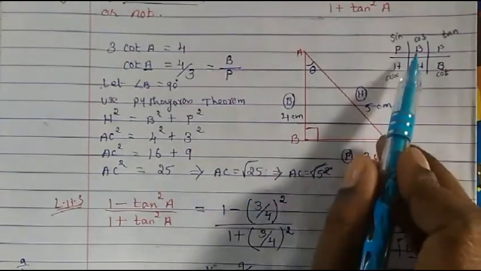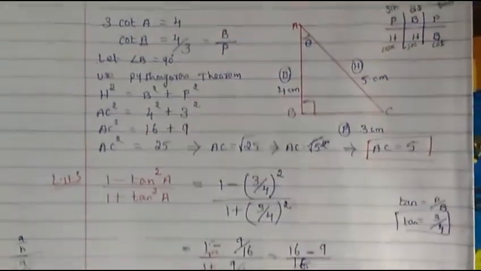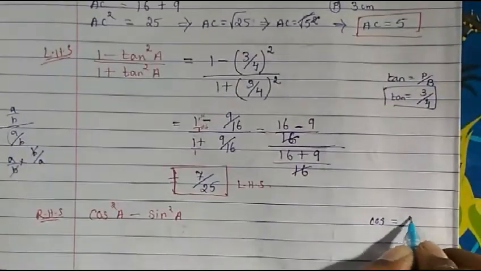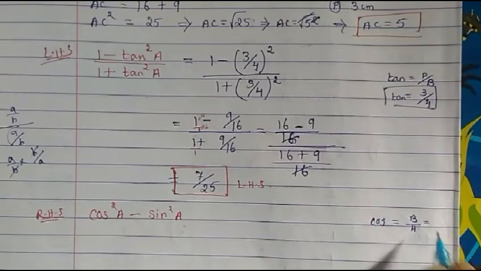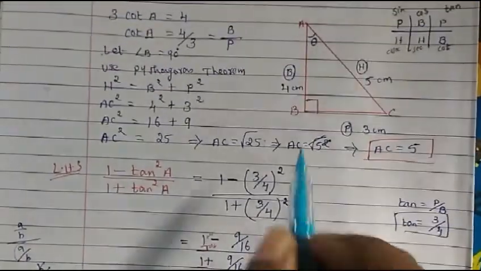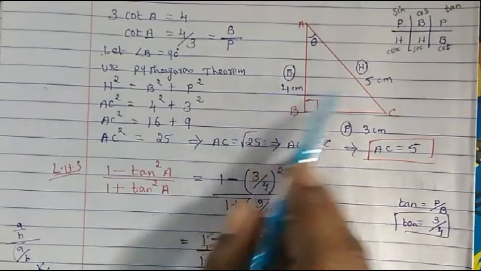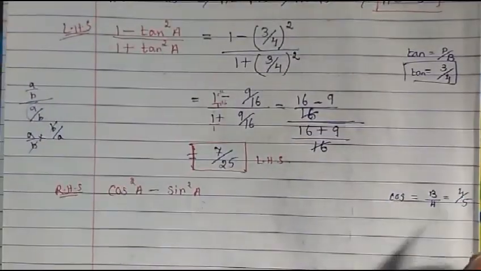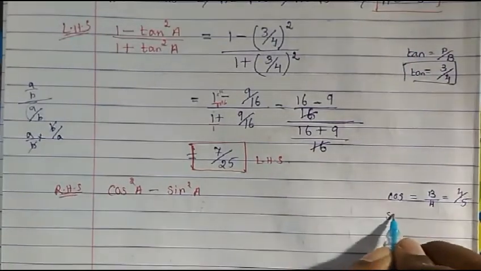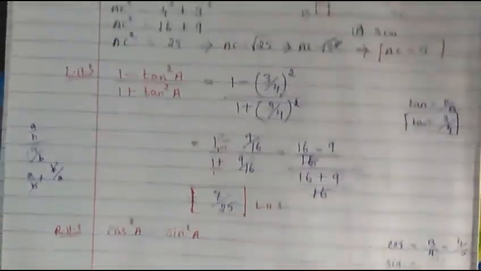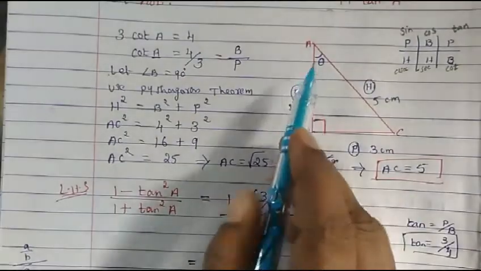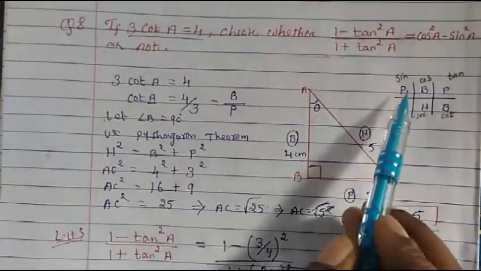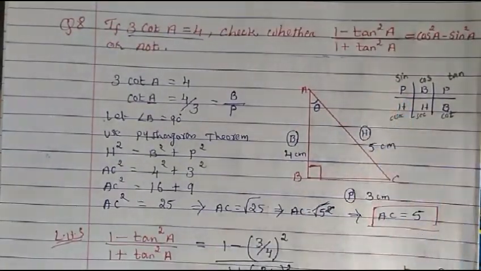Cos is base upon hypotenuse. Base is 4 centimeter, hypotenuse is 5 centimeter, so 4 upon 5. Sine also has A only, theta is in A. Sine is perpendicular upon hypotenuse.